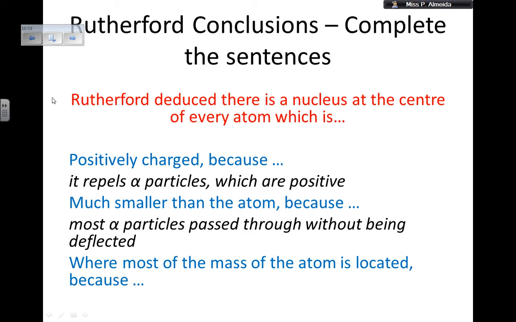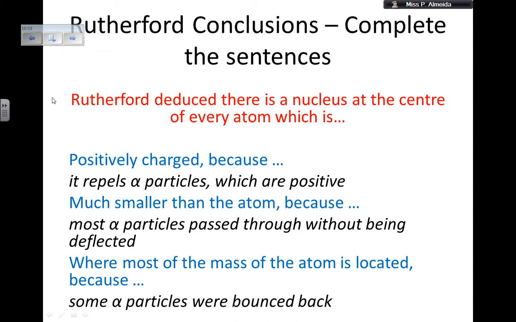And finally, he deduced that most of the mass of the atom is located in the nucleus because some alpha particles were bouncing back, were being deflected by more than 90 degrees. Okay, so it all makes sense. If alpha particles are positive and they are passing through, it means that there's nothing in there, so the nucleus is tiny.